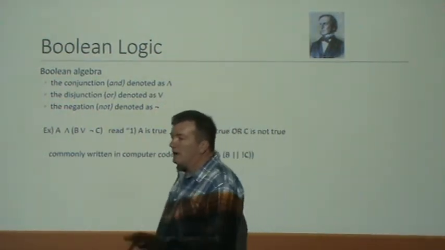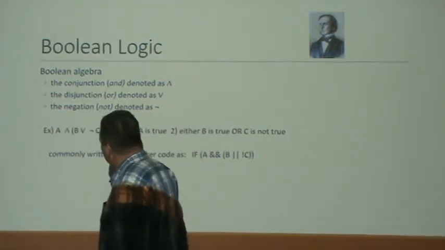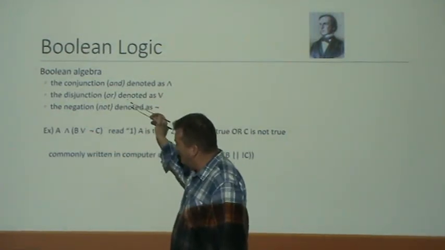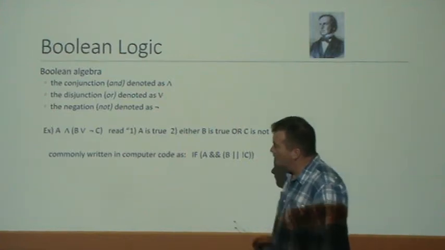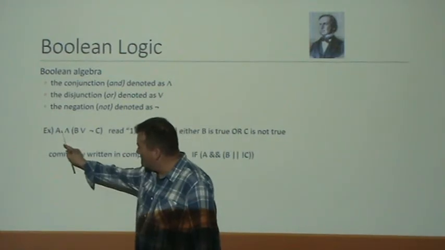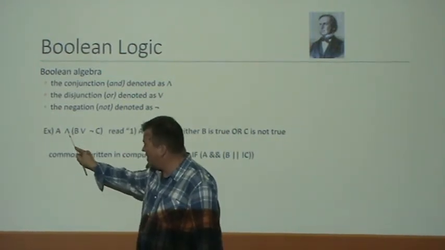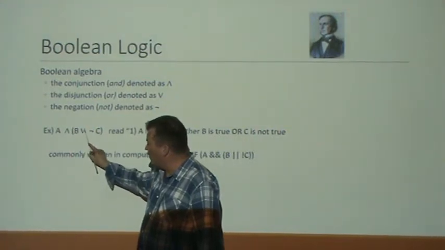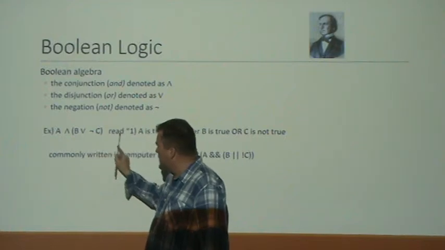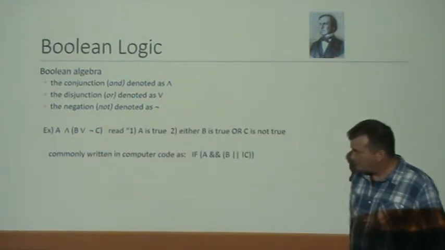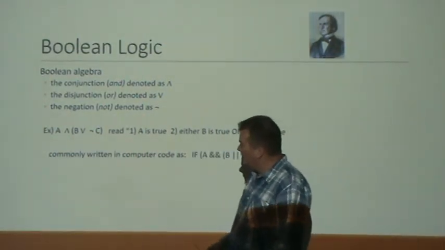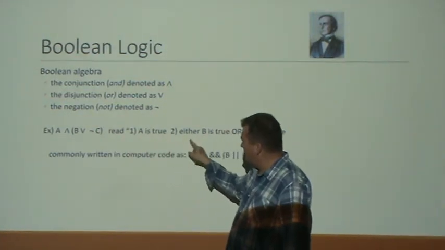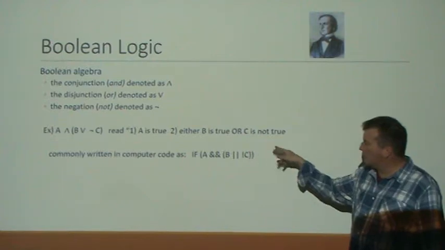So for example, we can have a Boolean expression that says, and I'll read it using and, or, and not. A and, open bracket, B or not C, which is read as A is true and either B is true or C is not true.